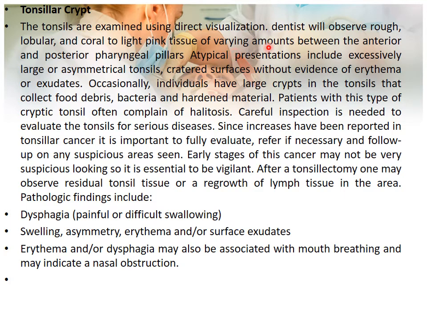Anyhow, the presence of these large crypts in the tonsil may collect food, debris or bacteria. The patient sometimes may complain of halitosis. Therefore, careful inspection is needed to evaluate the tonsil for serious disease.